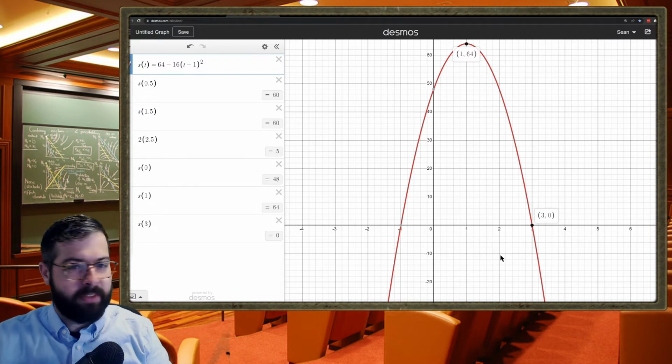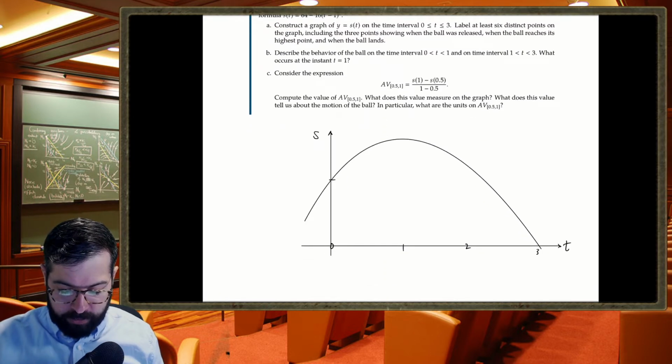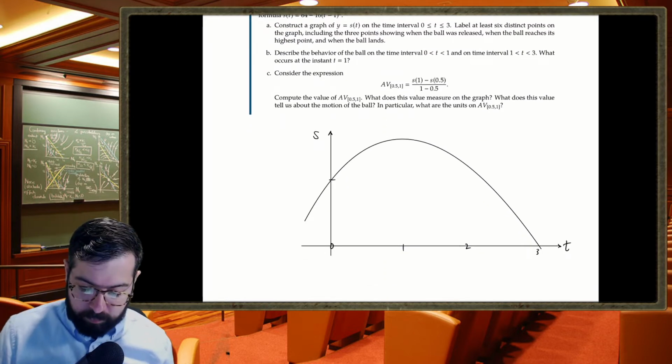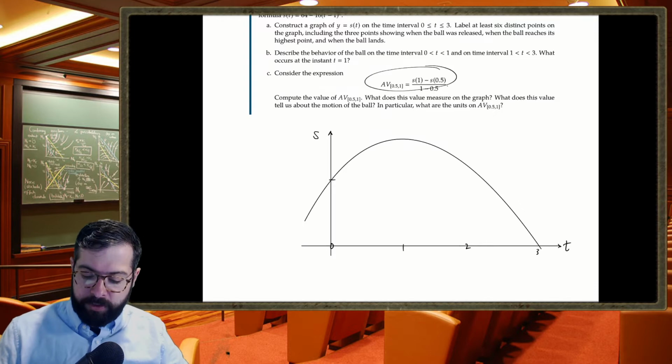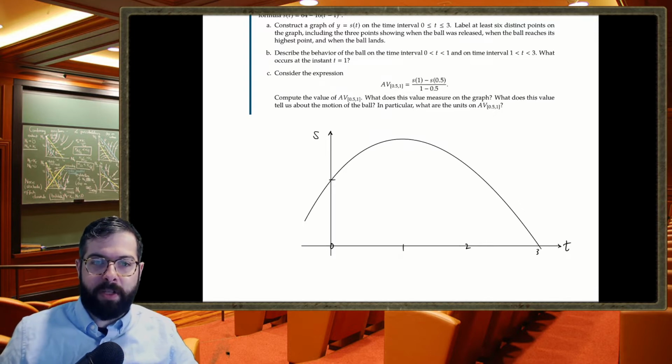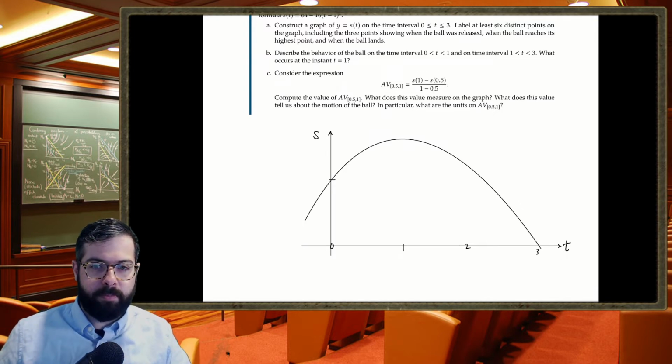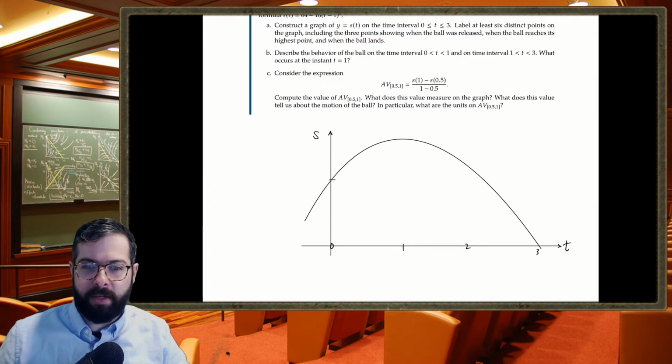So lastly here, we're asked to consider this expression, which is the average rate of change, or average velocity here, since it's in a position and time context. So compute the average velocity from 0.5 to 1. What does this measure on the graph, and what does this tell us about the motion of the ball?